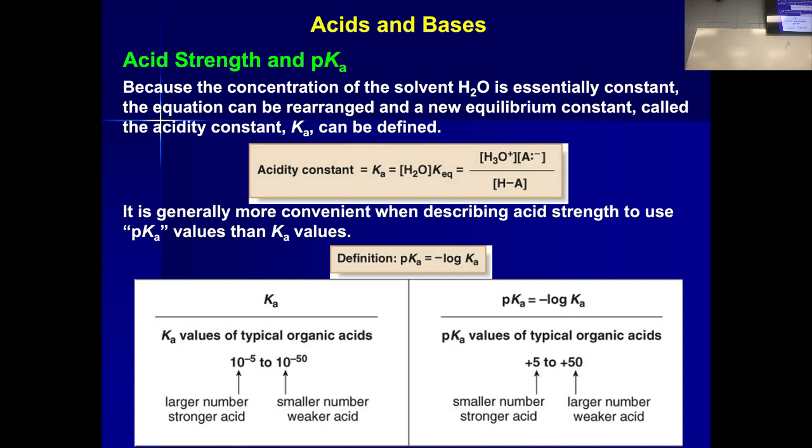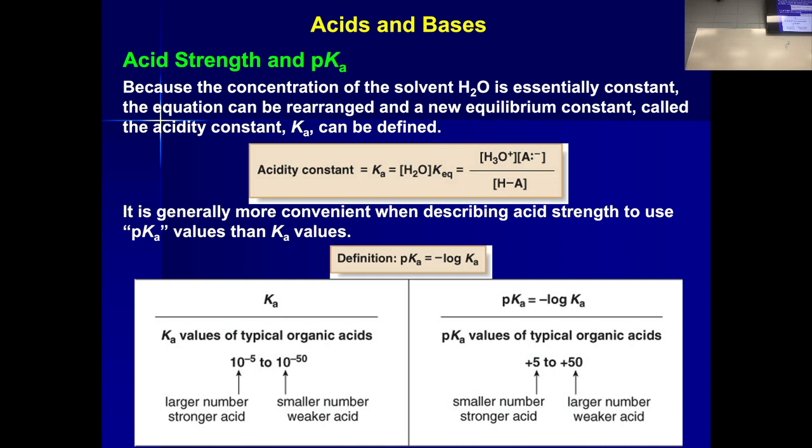I would rather work with the number 5 because I've got 5 things on my finger as opposed to 10 to the negative 5, which I don't have any of, right? I can think about that number better. 10 to the negative 50th becomes 50, okay?